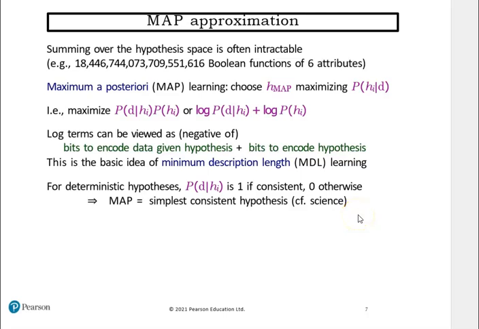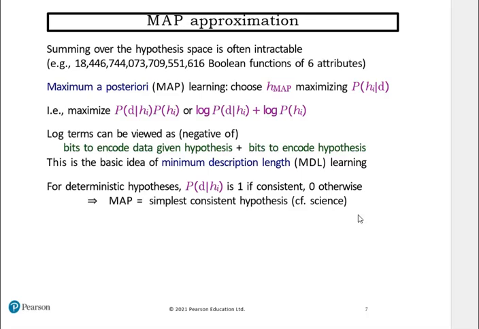So let's continue with our Bayesian learning approximation. As you saw, the prior probability, big P of Hi, is very important for both MAP and Bayesian learning.